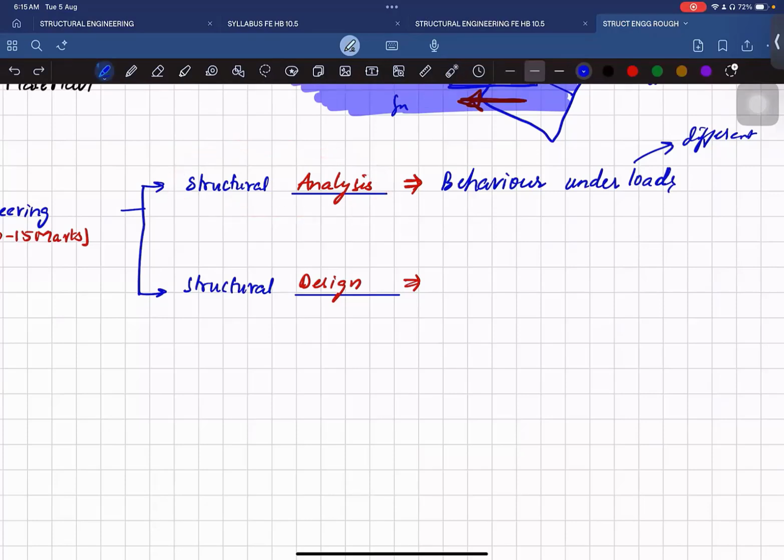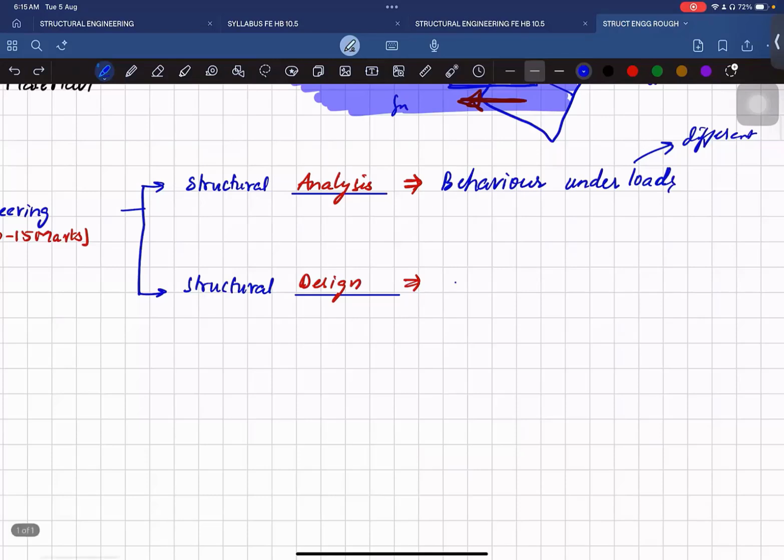Coming to the structural design, now for a given load, the structure is undergoing some bending, some torsion, some twisting. For the effect of that load, if I want to make the structure stable, strong, and durable, what material can I use so that my structure is economical, and what size do I have to use so that my structure is safe and economical?